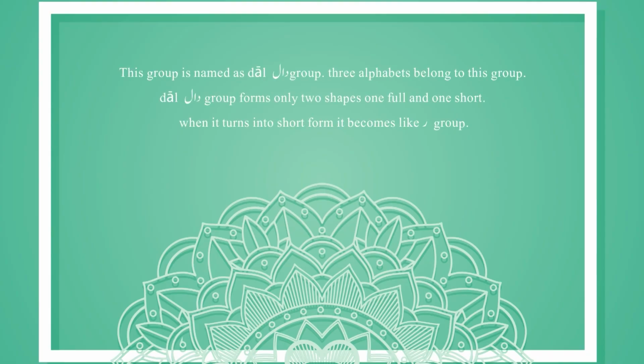What we have studied before, this group works slightly different from those groups. So there are some interesting facts and I hope you will cherish those facts. This group is named as DAAL group.